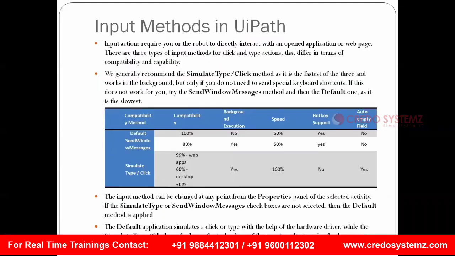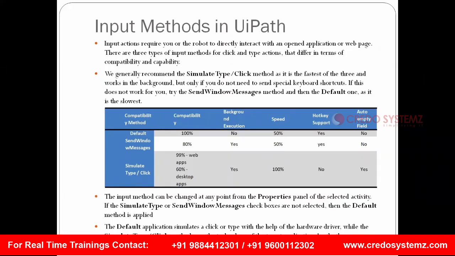Now let's see what input methods are available in UiPath. As I said before, whenever your robot is going to interact with your target application, be it a web page or an open application, there are certain input actions that it will use to interact. These input actions interact with your target application in terms of the compatibility between the two and the capability of how perfectly it can perform the same activity.